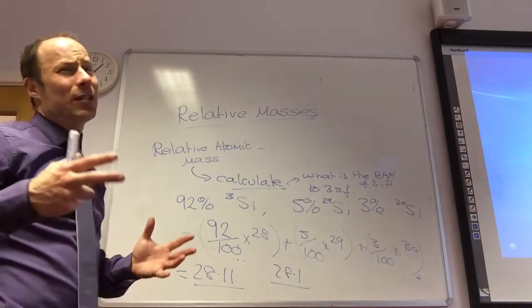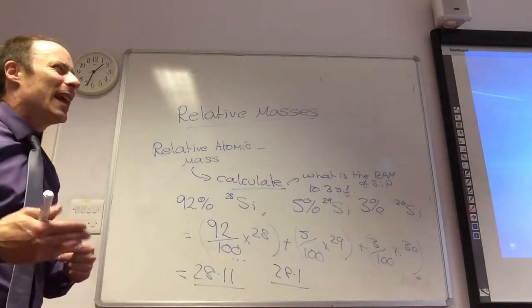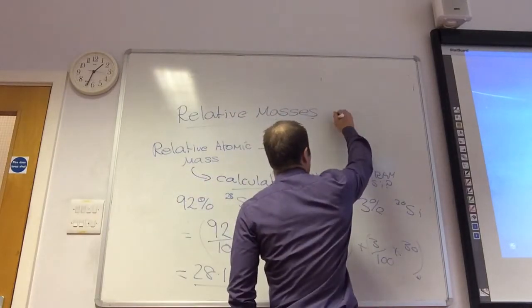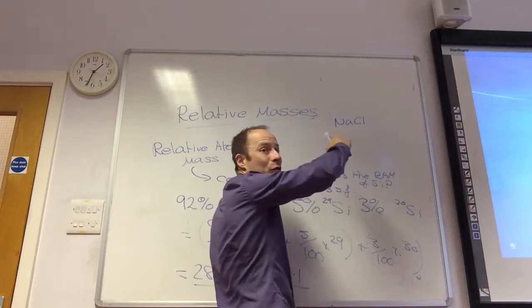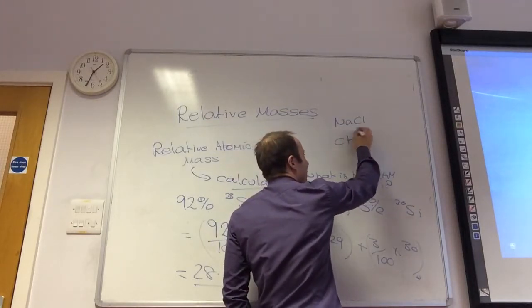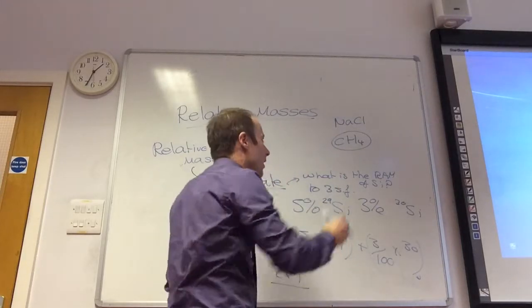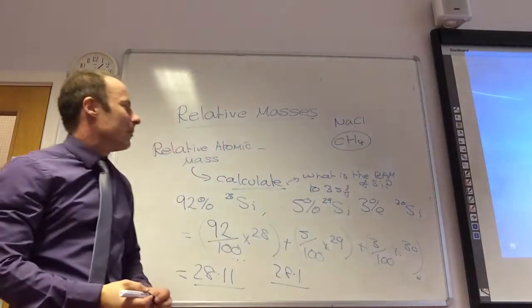Relative formula mass is for ionic substances, because relative molecular mass doesn't really work for ionic things, as in an ionic lattice you've got many of these all joined together. But for methane, say, that is an entity in its little molecule. So for that one it'd be relative molecular mass.